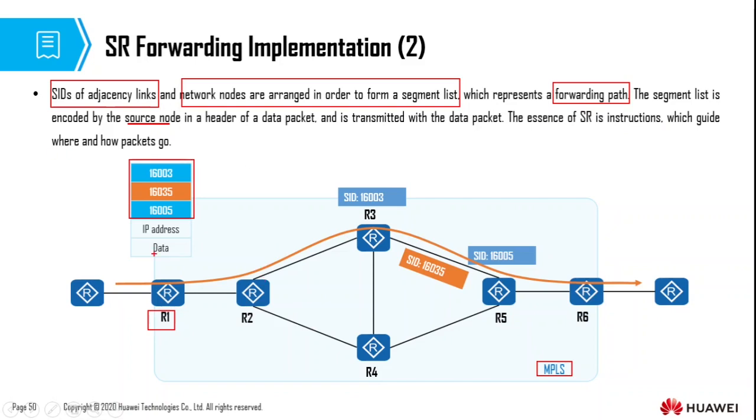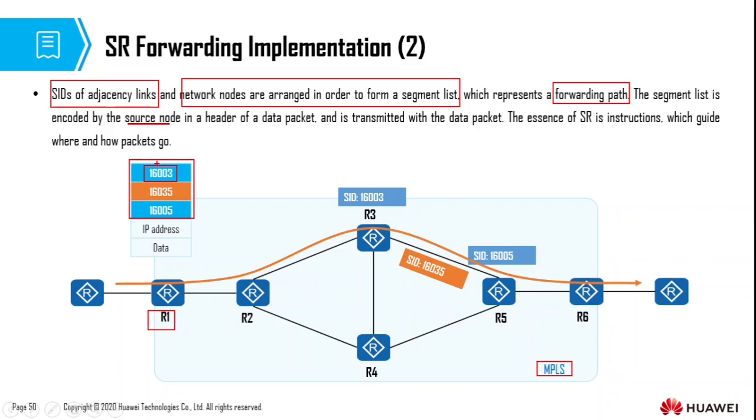For example, R1, after adding this, is going to look at its segment routing database. I'm supposed to send this packet to node 16003, and therefore it's going to send it there. Because R1 is connected just to R2, let me say that again.